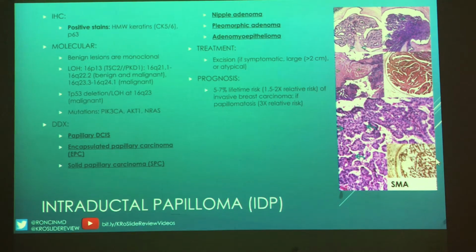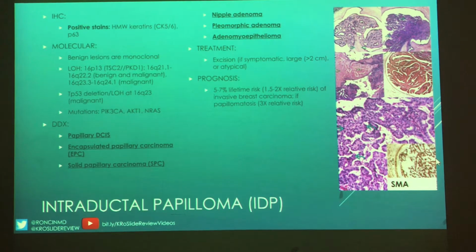For papillary lesions, there's a lot of molecular, but pretty much if it's benign, they're going to be monoclonal because it's a monoclonal proliferation. And commonly you can see that 16p13 loss of heterozygosity. And there are a couple more specific losses of heterozygosity that you can see either in benign and malignant, or simply in malignant disease.